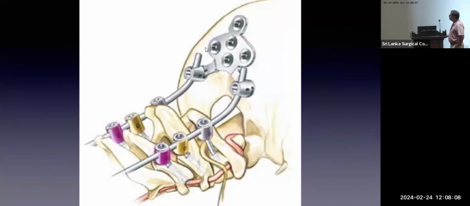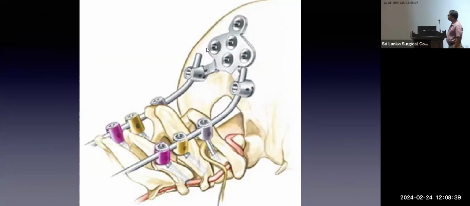So next one is this. What is this? Some people do this for C2 fracture. This is called a craniovertebral fixation. So you fix the cranium to the cervical spine. So it will be something similar to this, but in a more permanent way.